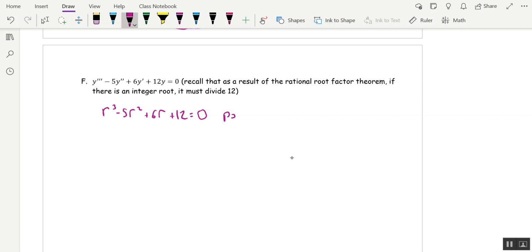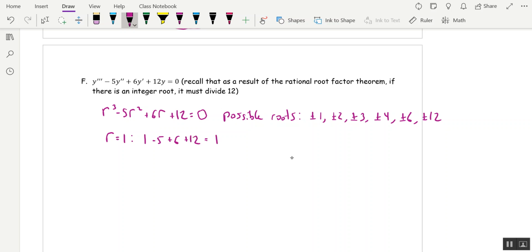So the possible roots have to divide 12. So plus or minus 1, plus or minus 2, plus or minus 3, plus or minus 4, plus or minus 6, and plus or minus 12. So there's a lot of them. Start with the smallest ones. So r equal 1, get 1 minus 5 plus 6 plus 12.